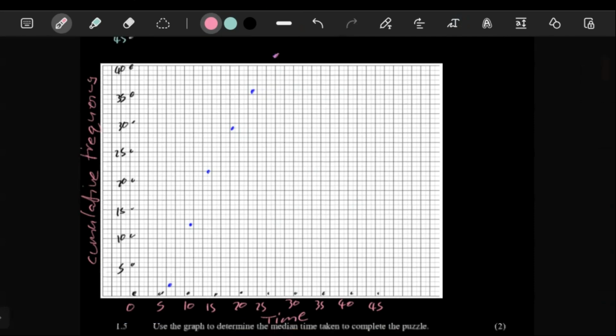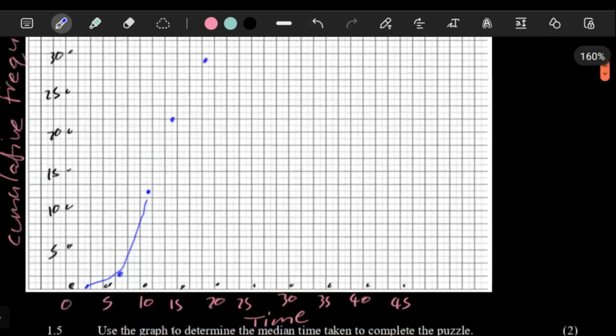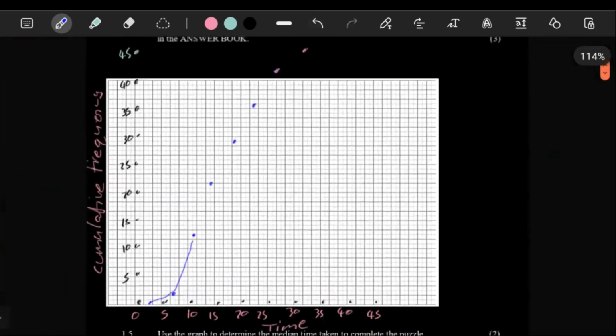So your ogive, you always have to try and make sure that it is grounded at 0. So here you can try and make sure that this goes up somewhere there. So your ogive is going to do something like this. Let me actually take it from the top.